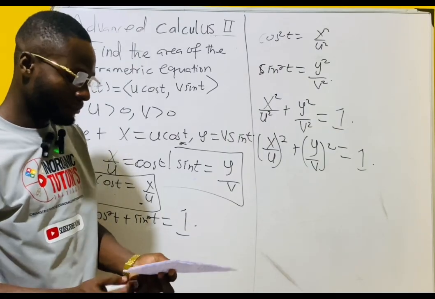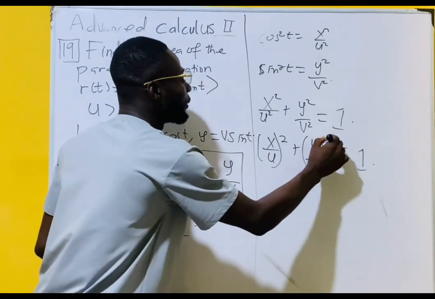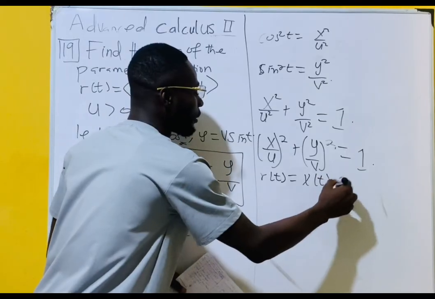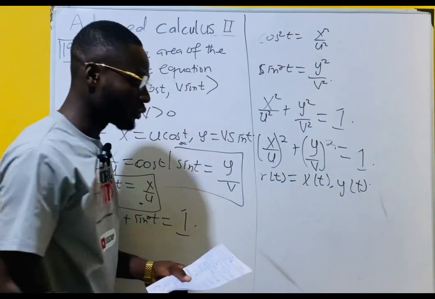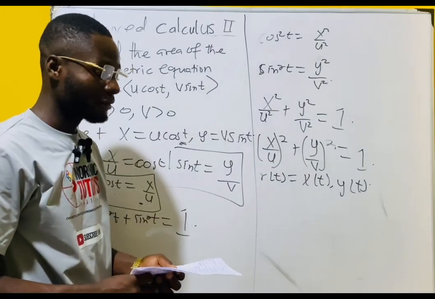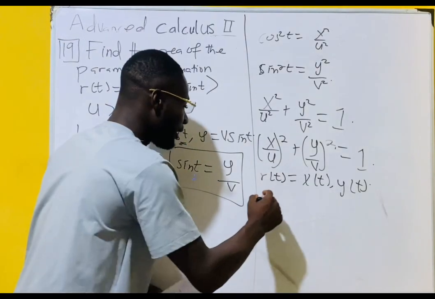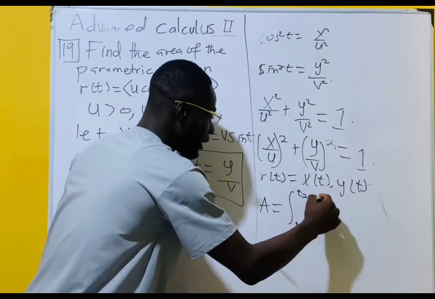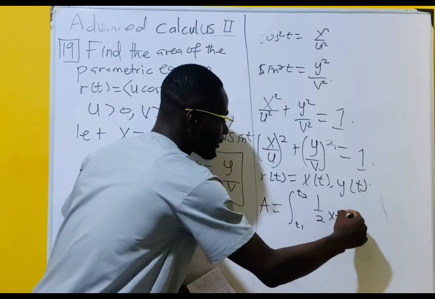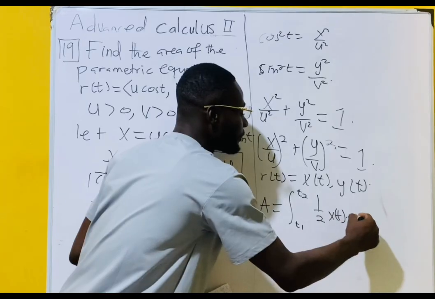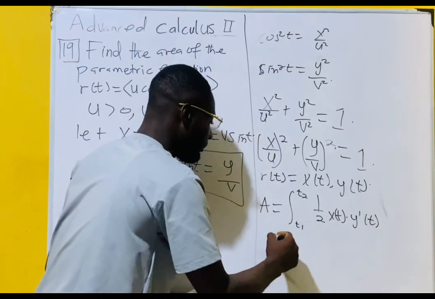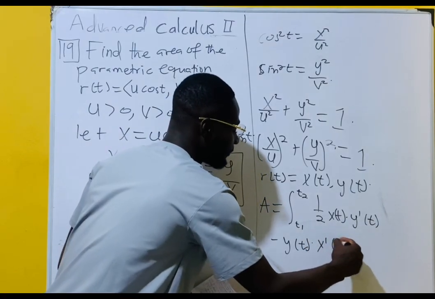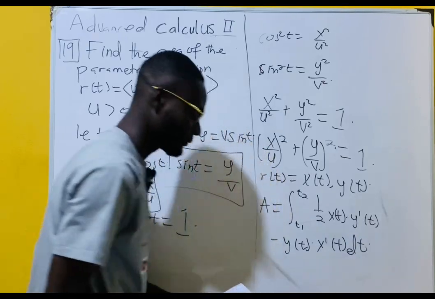The area enclosed by the parametric curve r of t, equal to x of t, comma, y of t, over one full cycle, is going to be the integral from t1 to t2 of half, x of t times y prime of t minus y of t times x prime of t, dt, right?